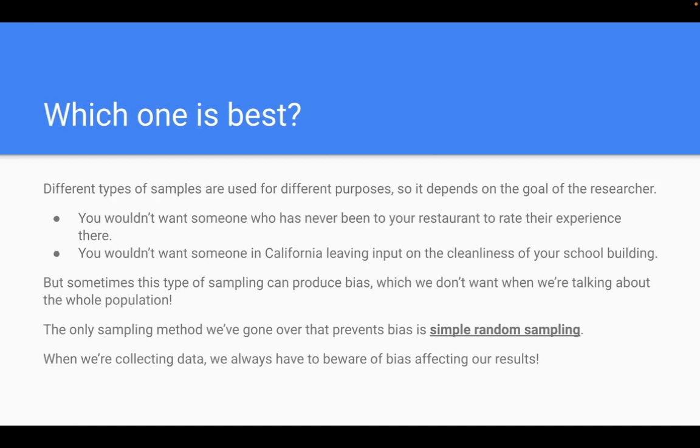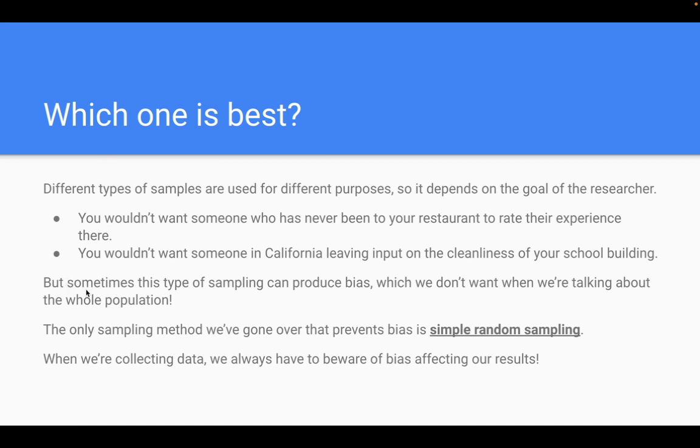Well, different types of samples are used for different purposes, so it really depends on the goal of the researcher. You wouldn't want someone who has never been to a restaurant to rate your experience there. And also, you wouldn't want someone in California leaving input on the cleanliness of your school building, because more than likely there's some bias there.